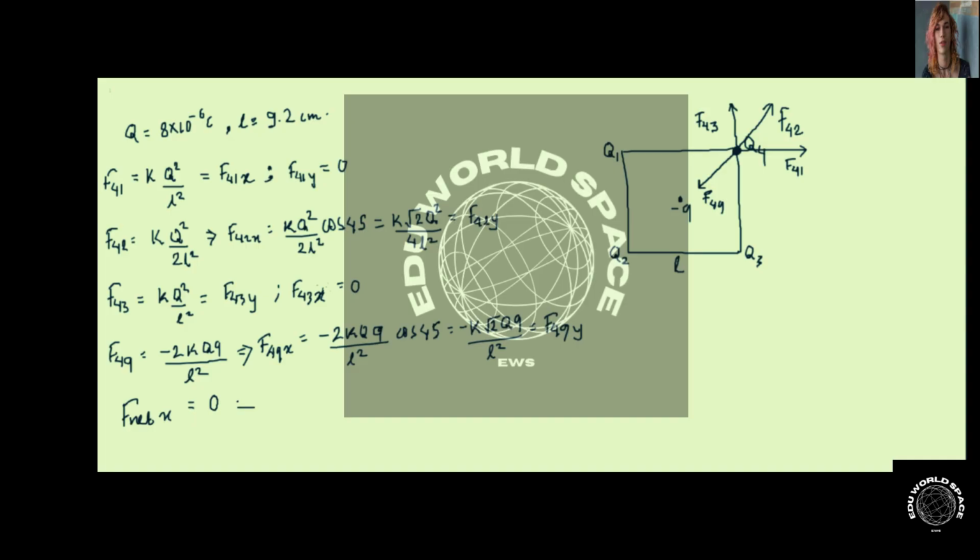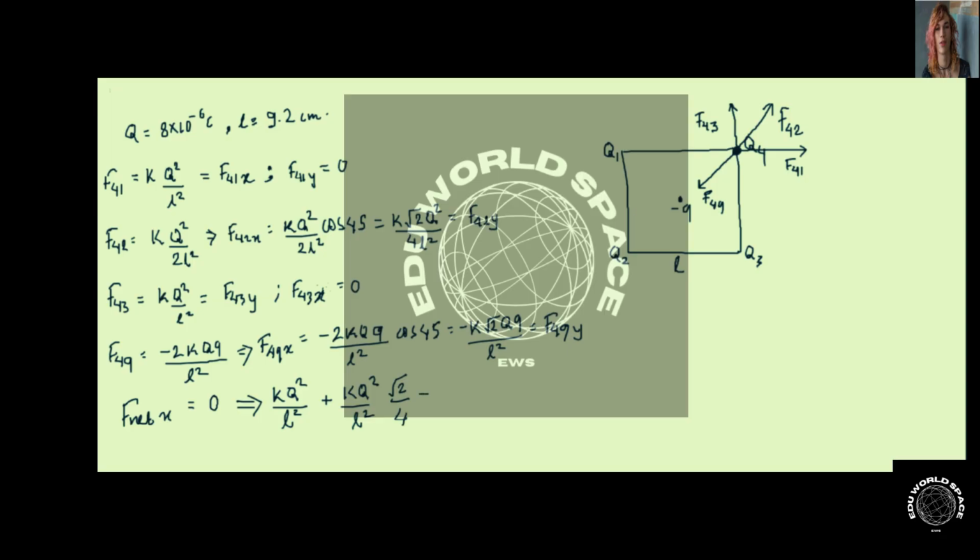So this implies, let us add the x components. The first one is kQ squared by L squared. The second one is kQ squared by L squared times root 2 by 4.